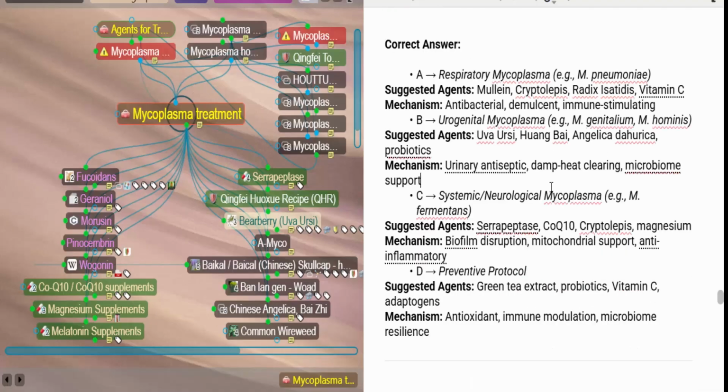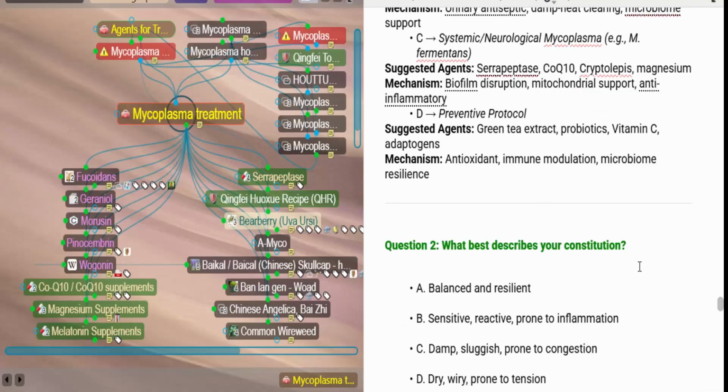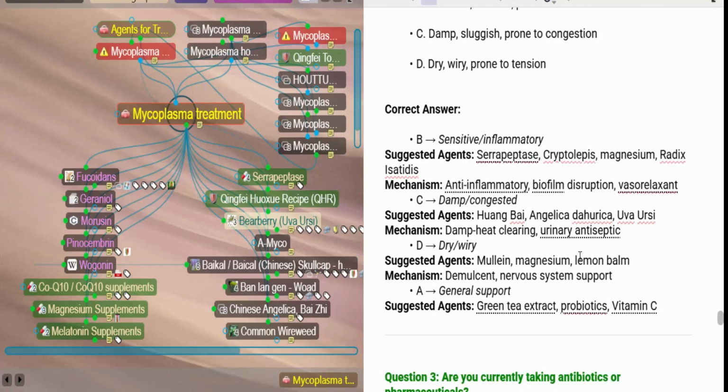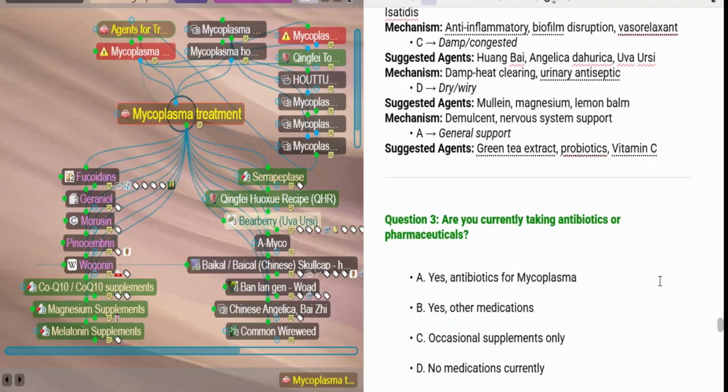Then the next question is going to be what best describes your constitution. And if balanced and resilient, you just need general support. Suggested agents are green tea extract, probiotics, and vitamin C. Another question, are you currently taking antibiotics or pharmaceuticals?